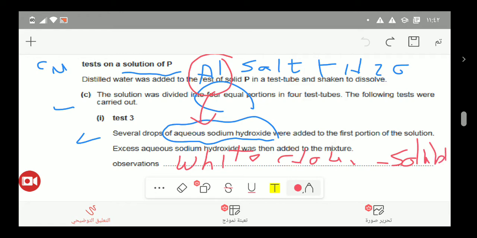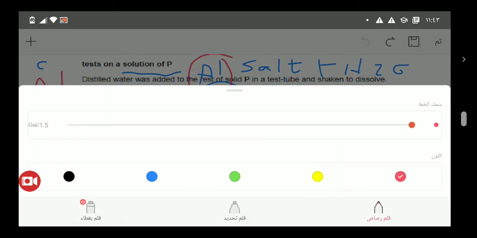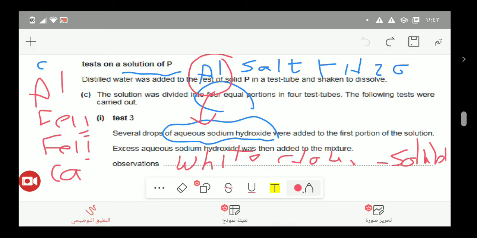We have about 5 or 6 cations, which are aluminum, iron 2, iron 3, calcium, manganese, chromium, and so on. All of them are tested by using sodium hydroxide and ammonia. So the right answer here, as we said.